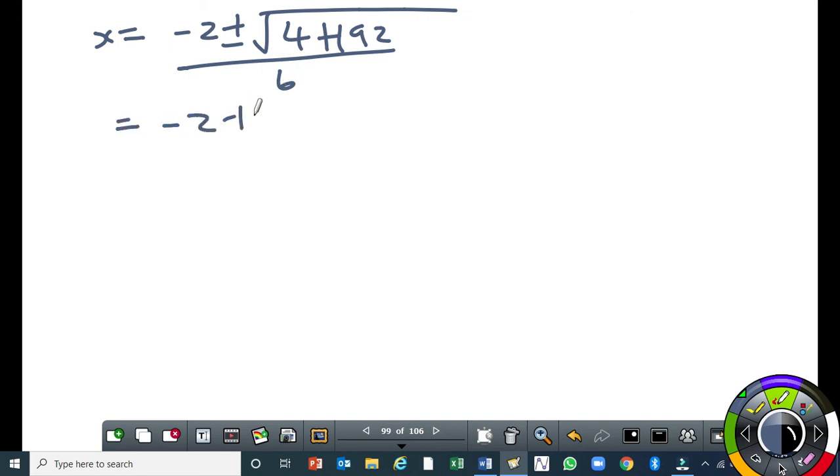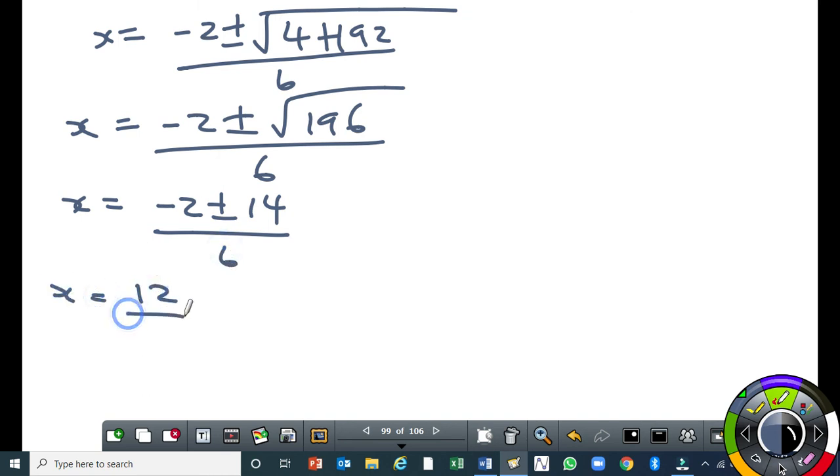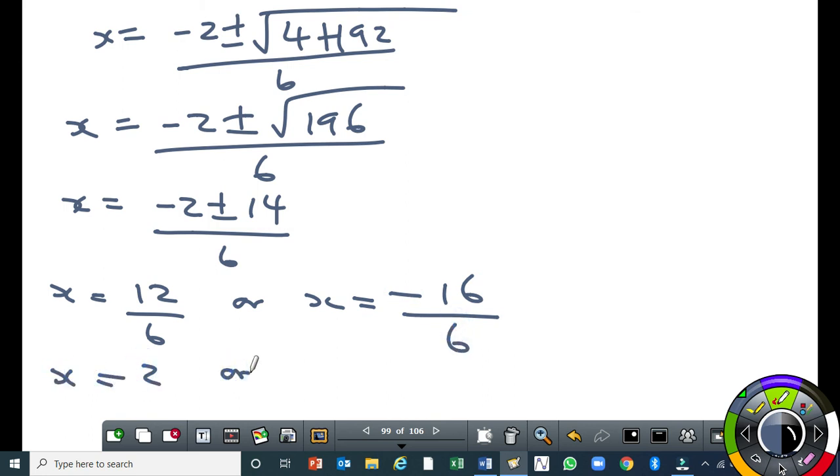And that will give me minus 2 plus or minus the square root of 196. What is the square root of 196? 14. So eventually you have x equal to minus 2 plus or minus 14 all over 6. If I take the positive here, I'll get 12 over 6. If I take the negative, I'll get x equal to minus 16 over 6. So my x will be 2, or my x will be, well, that will be minus 8 over 3.